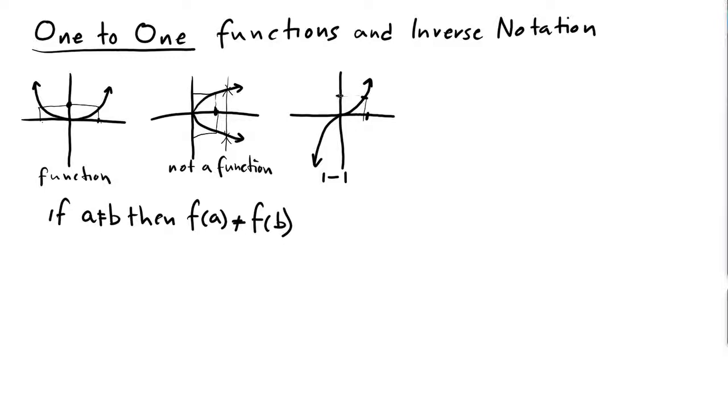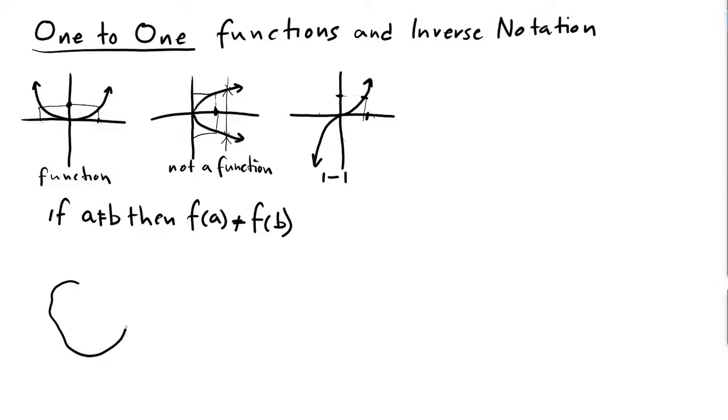Essentially, if I have two different y values over here, they have to correspond to two different x values over here. And the other way around, if I have two different x values over here, they correspond to two different y values here. Now we can use a picture to illustrate this in a more general sense, and I like to refer to this as the blob picture.